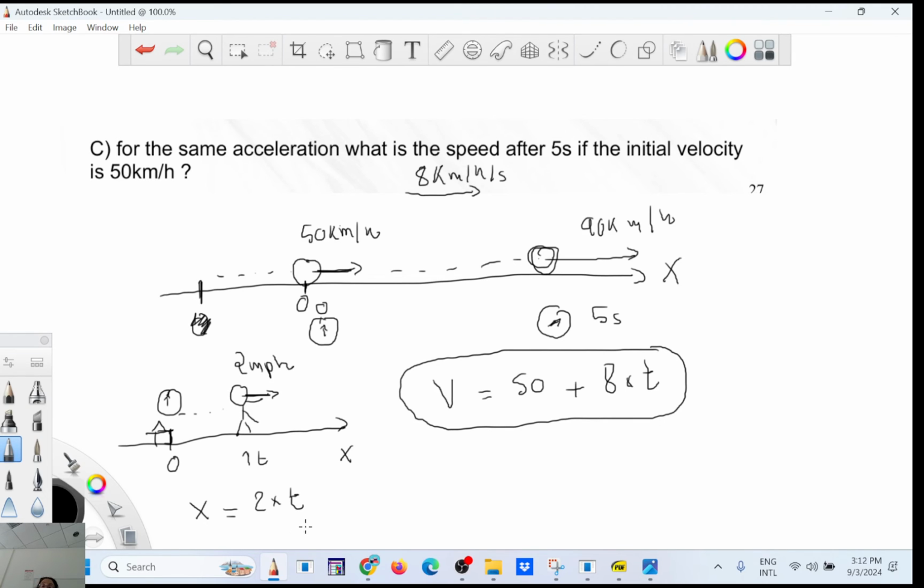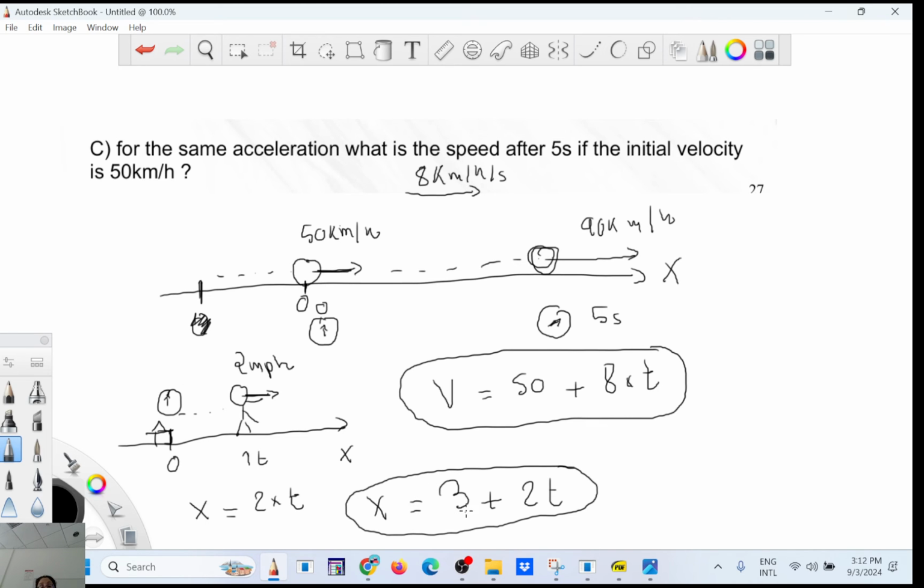After 2 hours, what's going to be your position? 4 miles, and so forth and so on. But now, what if you started, I don't know, 3 miles away from your house? So your position will be 3 plus. Very good, excellent, very good, right?